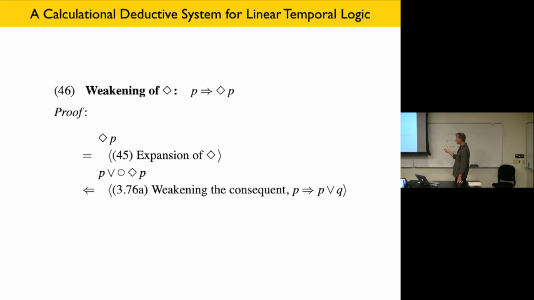Anytime you have an or, what does it do? Over here on 3.76a in the hint, it follows from one of them. We're starting with the right-hand side, so we're trying to get a piece of P. So it just follows from P. Exactly. Is everybody clear on that?